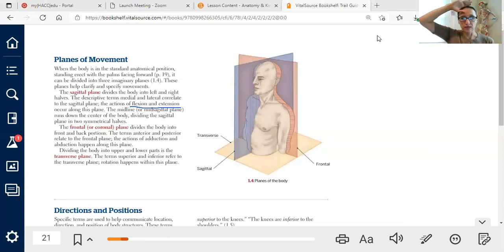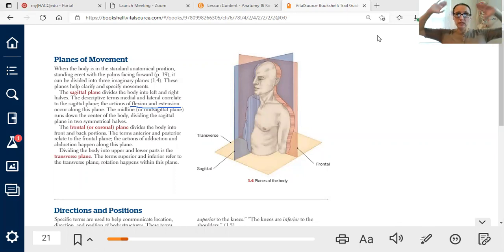So this plane lines up with another suture of ours called the coronal suture, and that suture actually goes right across the top of the skull like this. Coronal, crown, so you can imagine a crown would be sitting right here, right? Coronal plane or frontal plane, interchangeable, doesn't really matter. This plane, of course, as I mentioned, divides the body into front and back portions.